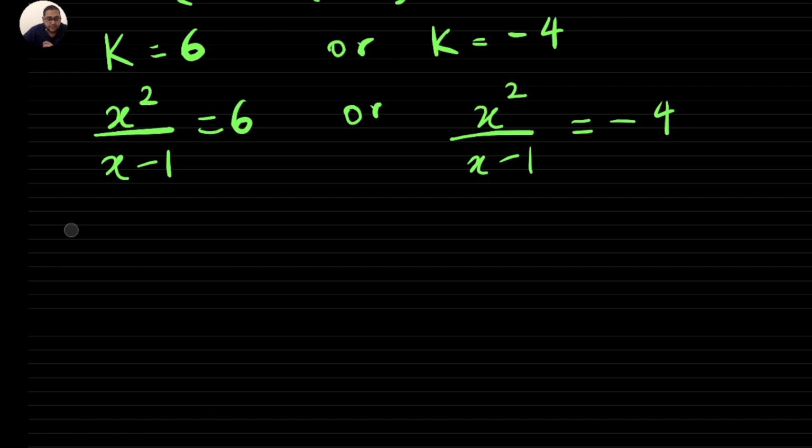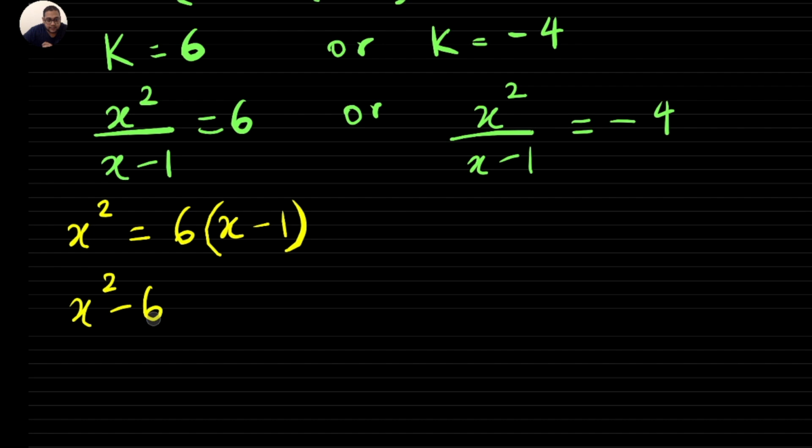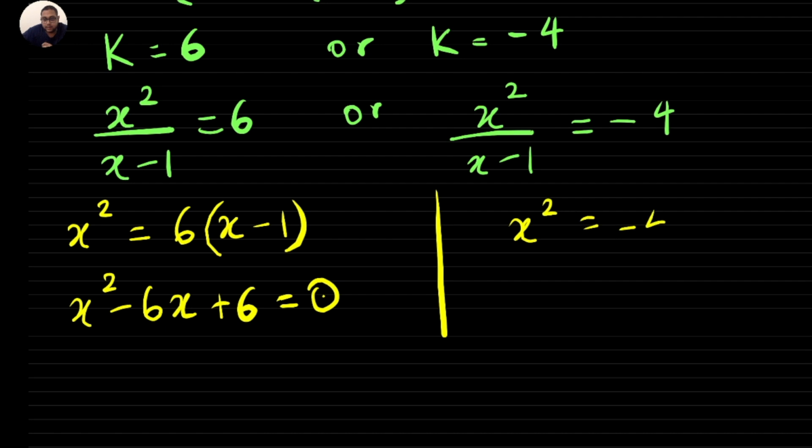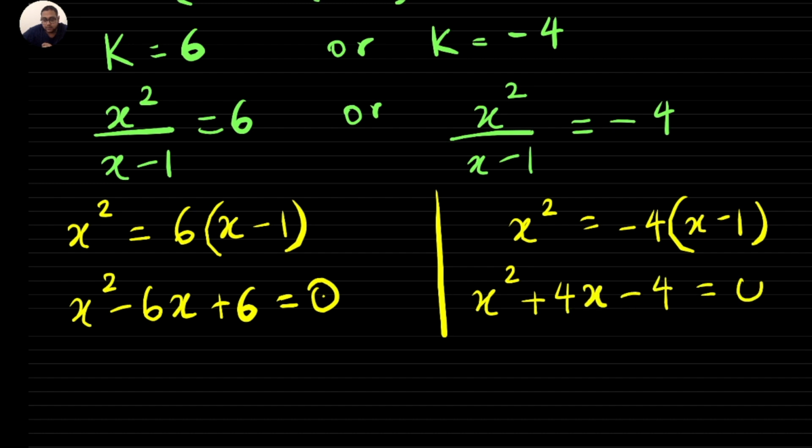So we have x squared equals 6x minus 1, and this would be x squared minus 6x plus 6 equals 0. For the next quadratic, we have x squared equals negative 4x minus 1, and this would become x squared plus 4x minus 4 equals 0.